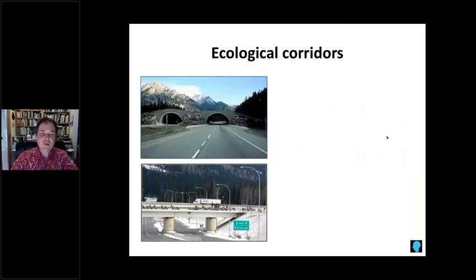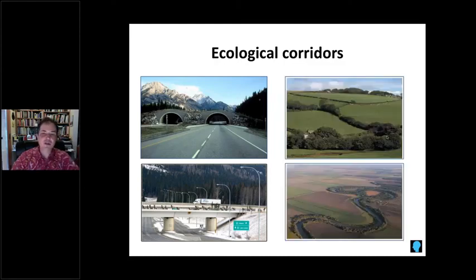One of the main ways conservationists have been trying to piece together these smaller bits and pieces of habitat is by creating corridors. These pictures are from the Banff area. You've probably seen these. They're heavily used by the animals as they cross from one side of the highway to the other.